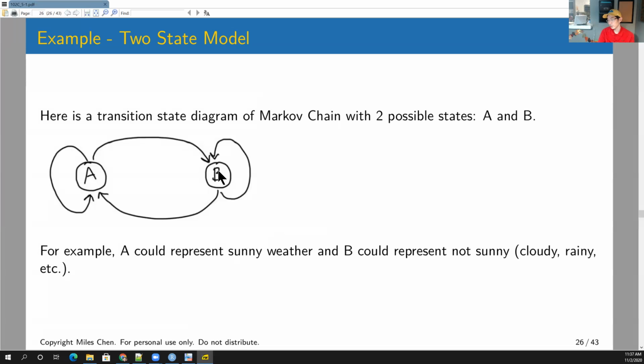And then if you're currently having cloudy or not sunny weather right now, you could end up back having cloudy or rainy weather tomorrow, not sunny. Or it could transition from cloudy to sunny, okay? So with two possible states, there are a total of 4 transitions. You can go from A to A and A to B, and from B, you can end up going from B to A and B to B. So you have a 2x2 matrix to represent your 4 possible transitions when you have a total of 2 states.